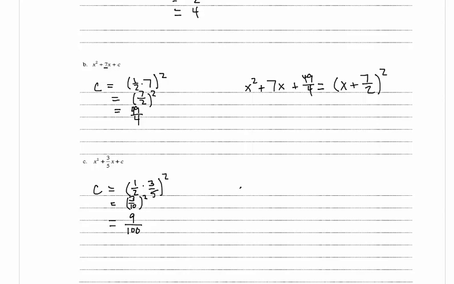And we can write this as x squared plus 3/5 x plus 9 over 100, which is equal to x plus 3/10 squared. And that's our video on the geometry of completing the square.